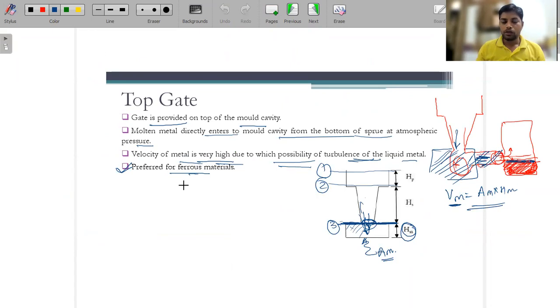So this is the time required to fill this volume. The volume will be equal to Vm, and the time is dt. Let's first not consider this one.